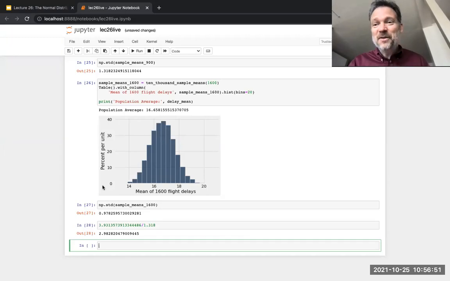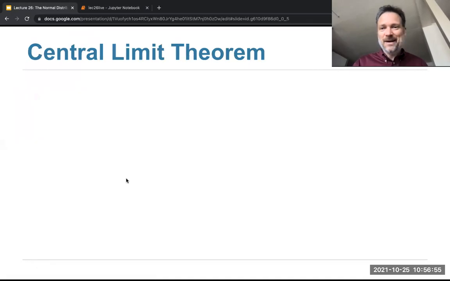All right, so this now is the central limit theorem. Good job.